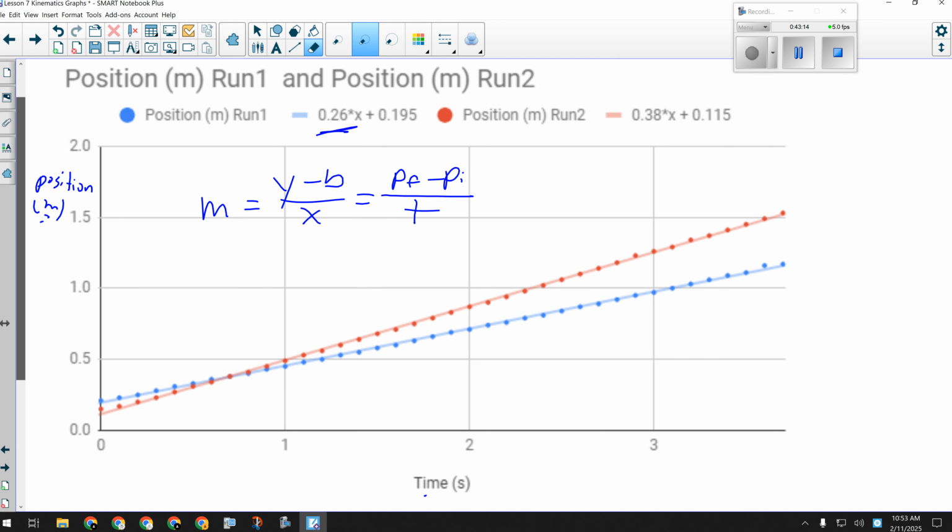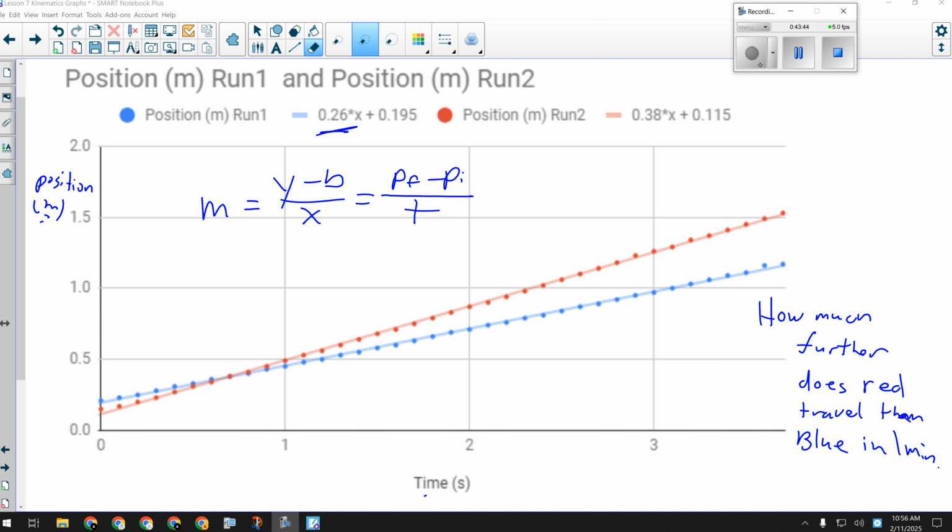So how much further does red travel than blue in 1 minute?